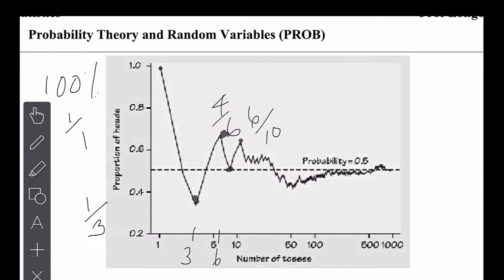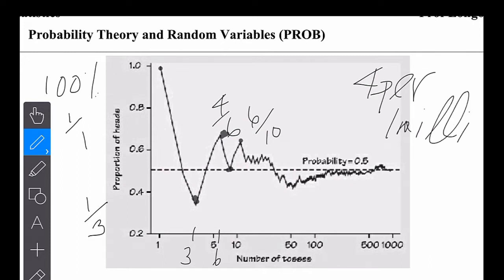Okay? So what they'll say are things like, for instance, they'll refer to cases as something like 4 per 1 million population. That's the same idea. It's talking about the long run relative frequency.